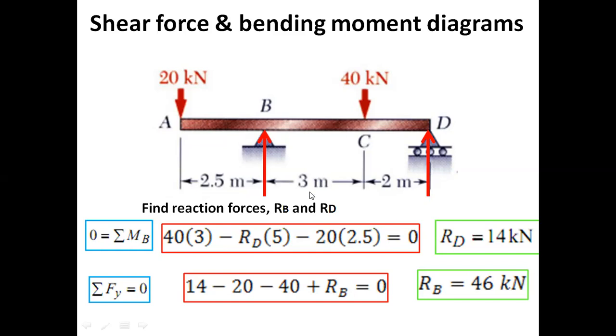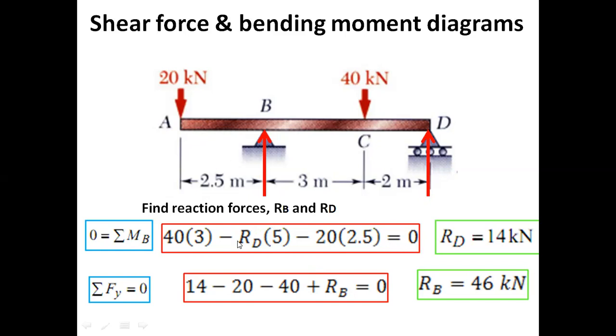RD would produce a counterclockwise moment at point B, so RD times the moment arm, which is 5, with a minus sign: minus 5 RD. And this 20 kilonewton force is producing a counterclockwise moment at this point, again minus 20 times the moment arm, which here is 2.5. It must be equal to 0.